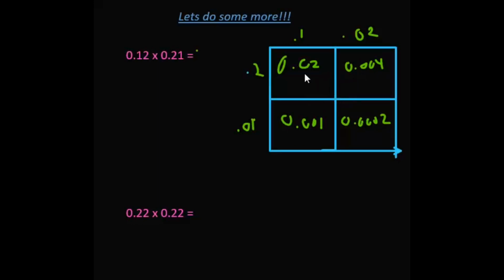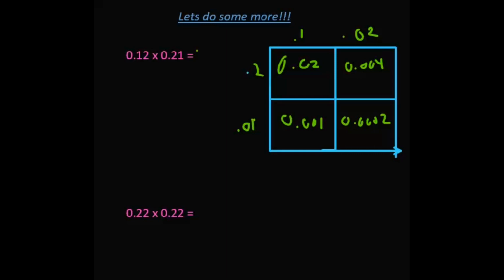Okay, and then this is basically 0.02 and we can add a 0 to make it into the thousandths place. So then it's 0.025. So far with these three boxes.